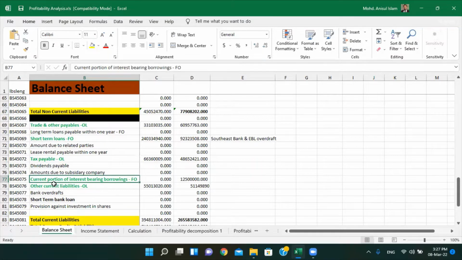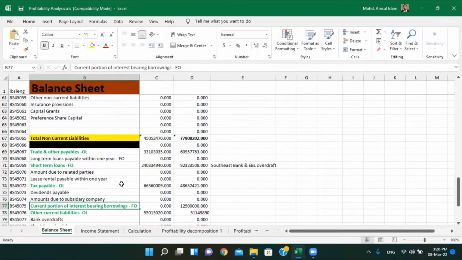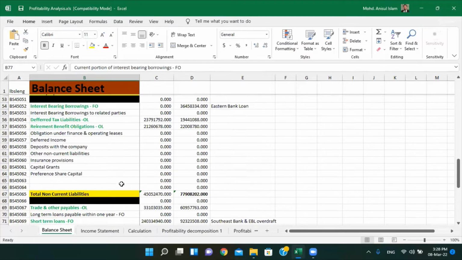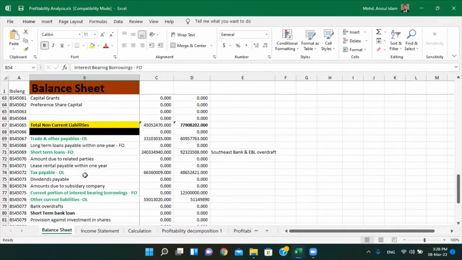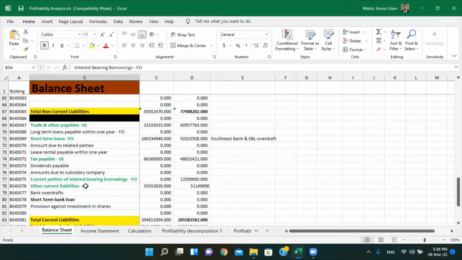Okay. So you know what does it mean? The current portion of interest-bearing borrowings. It is an amount which actually comes from the Eastern Bank loan, the interest-bearing borrowing. So it is the portion of the borrowing, which includes the principal, which includes the interest liabilities also. But this portion is due in this particular year.